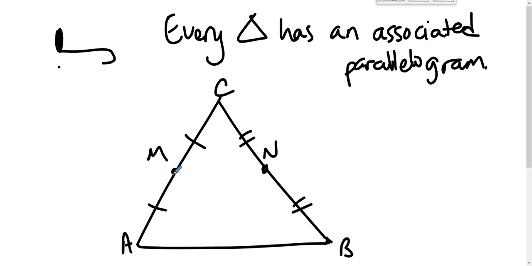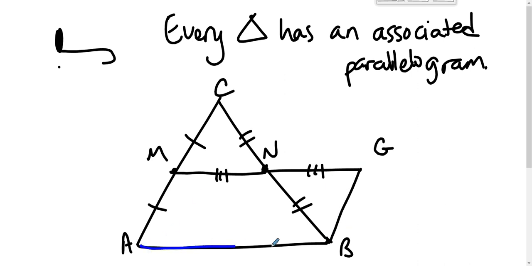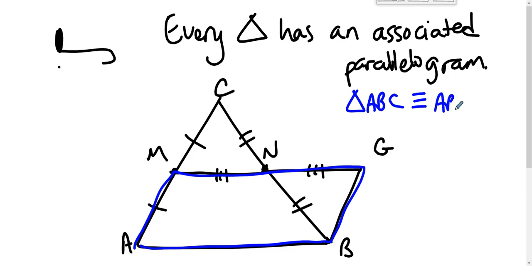Here's M, here's N. We draw this segment, and then we extend an equal distance. Then ABGM is a parallelogram. It's the associated parallelogram. And since it's the associated parallelogram, we know that triangle ABC is scissors congruent to parallelogram ABGM.